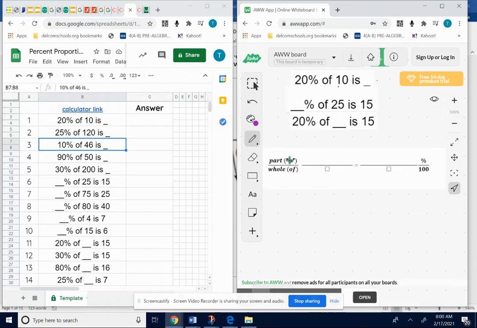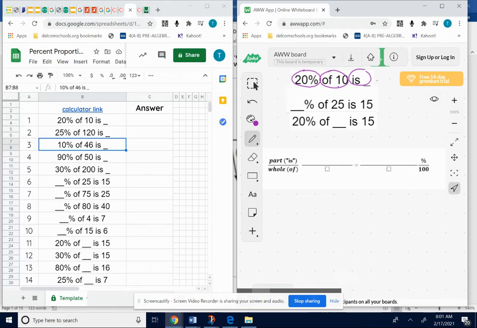Okay, think of is over of equals percent over 100. And then I'm going to start reading this expression. 20% of 10 is what?